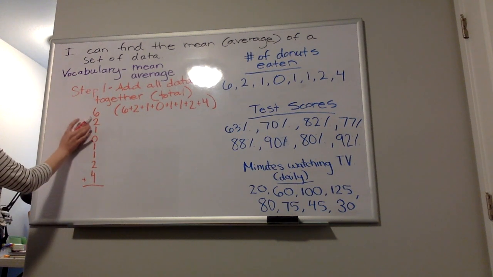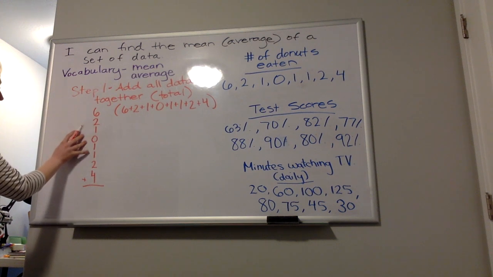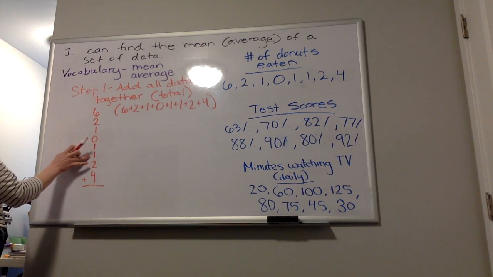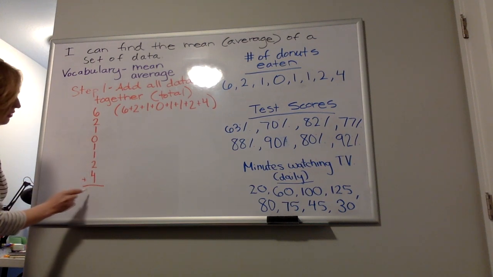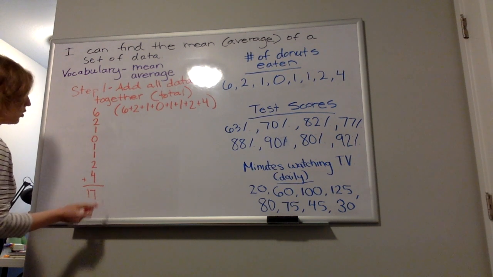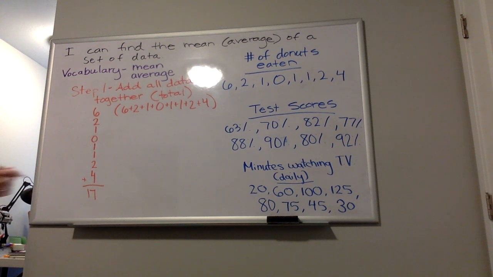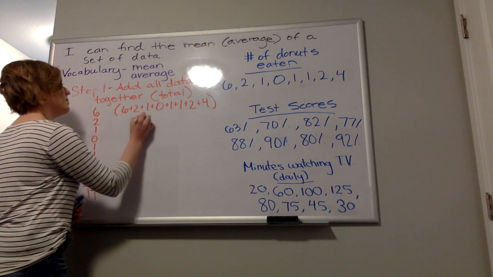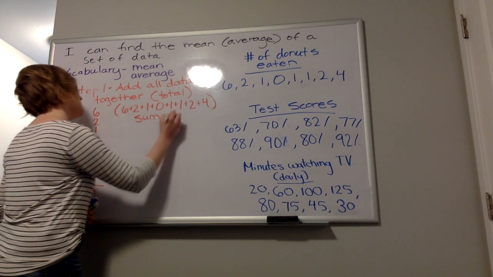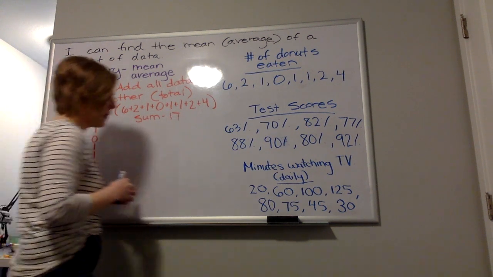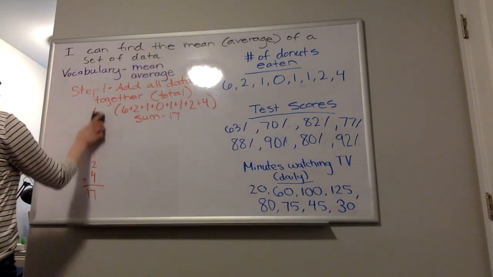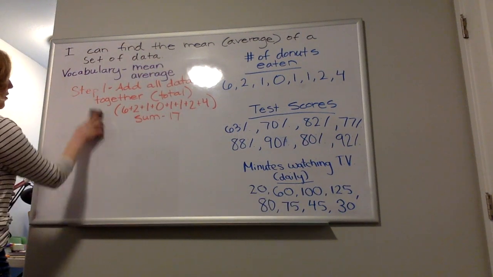We get 6 plus 2 is 8, plus 1 is 9, plus 0 is still 9. 9 plus 1 is 10. 10 plus 1 is 11. Plus 2 is 13. Plus 4 is 17. So there were a total of 17 donuts. I'm going to put that over here. Sum is 17.